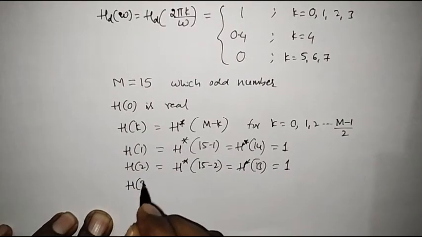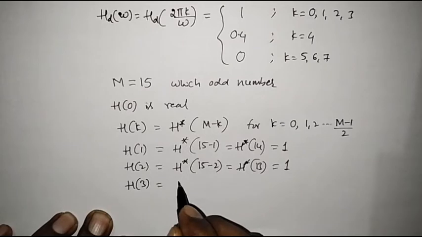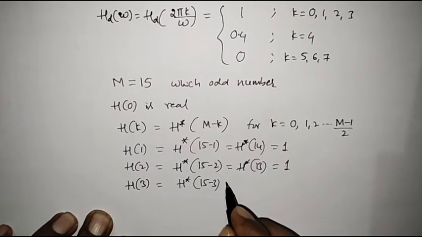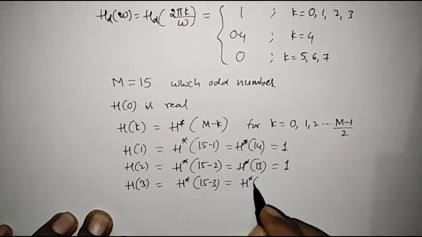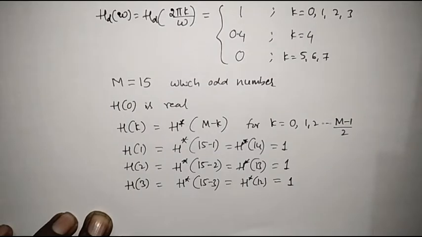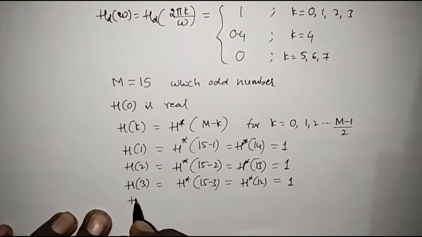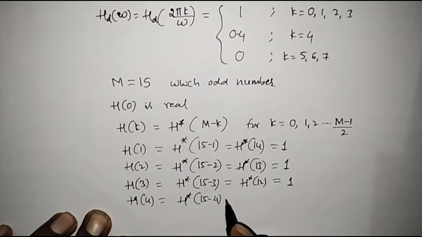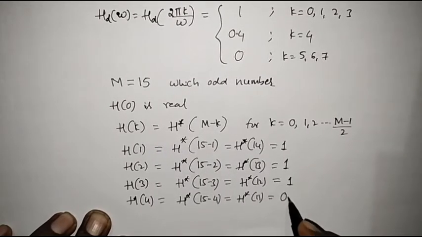Similarly, H of 3 is nothing but H star of 15 minus 3, which is equal to H star of 12. Its value is 1. H of 4 is equal to H star of 15 minus 4, that is nothing but H star of 11, and its value is 0.4.